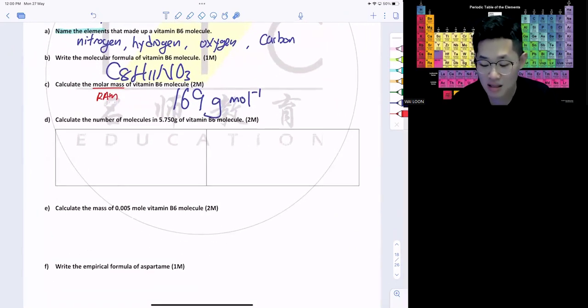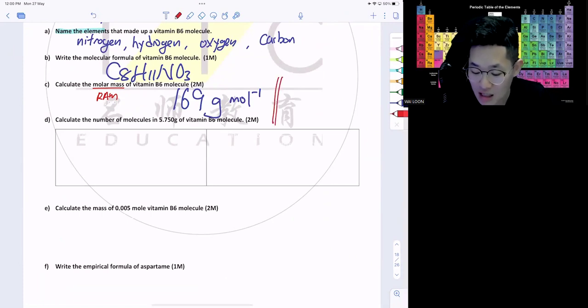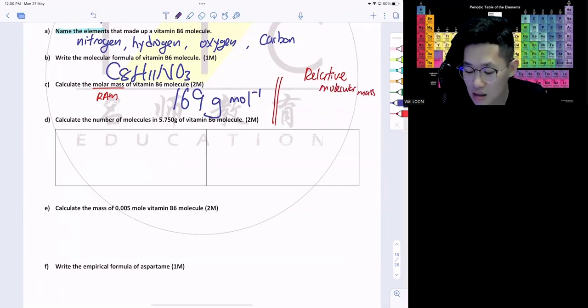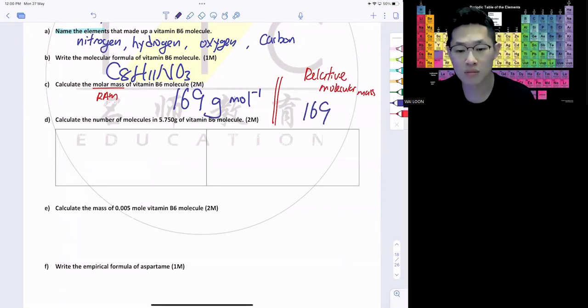Okay, remember? We write down here. If they ask what is the relative molecular mass, our answer will be 169. What's the unit for relative molecular mass?